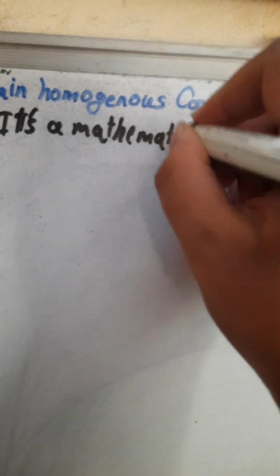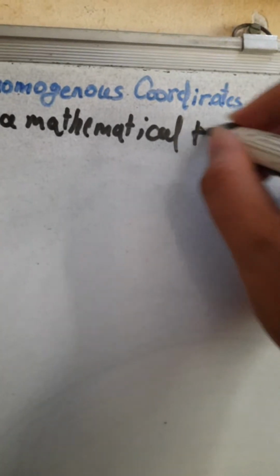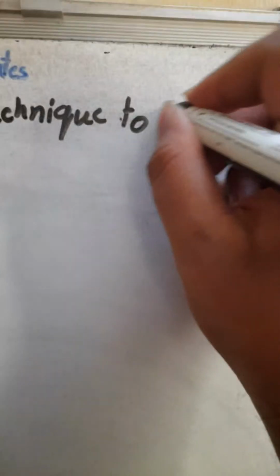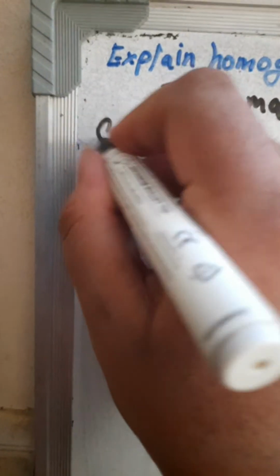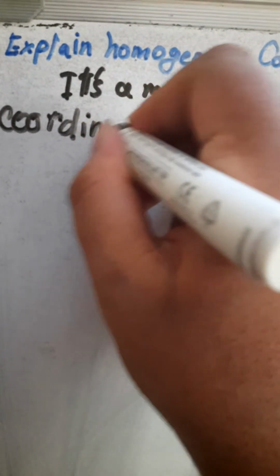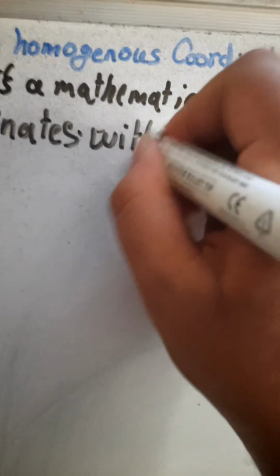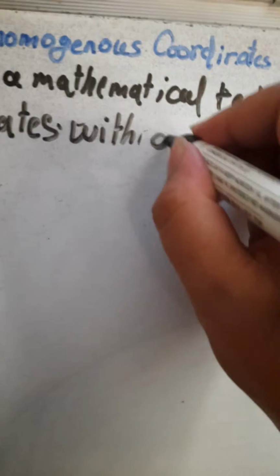It's a mathematical technique to show 2D or 3D coordinates with an added coordinate.